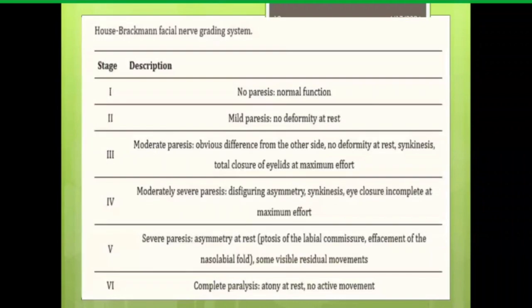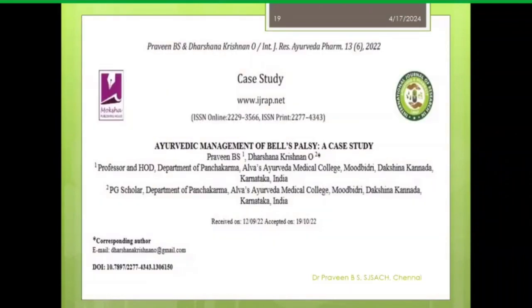That is the clinical judgment of a physician. So it is very important, as I said, the House-Brackmann facial nerve grading system. It is a very interesting and important one as well. Now, before going into the other discussion, I will be discussing two published cases. One is a case of idiopathic Bell's palsy, another is a case of Ramsay-Hunt syndrome.